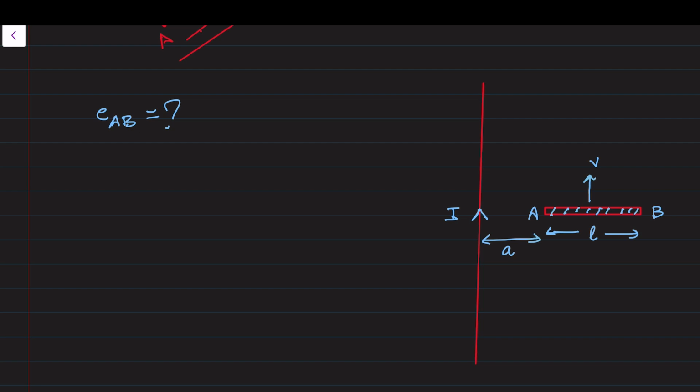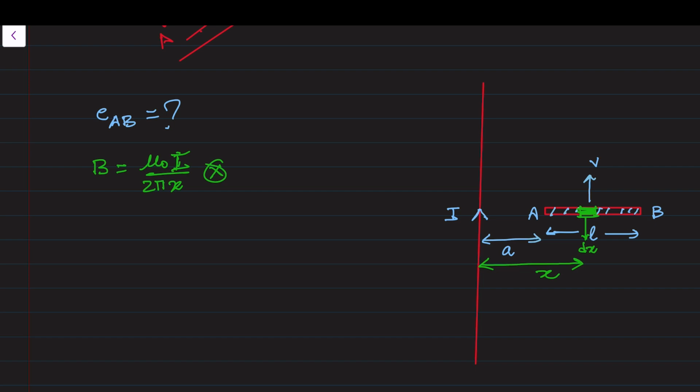Let us say at a distance x, we consider a small element of length dx. This length is dx. Now, the magnetic field at this location due to the wire is mu naught I upon 2 pi x. This field is into the paper.